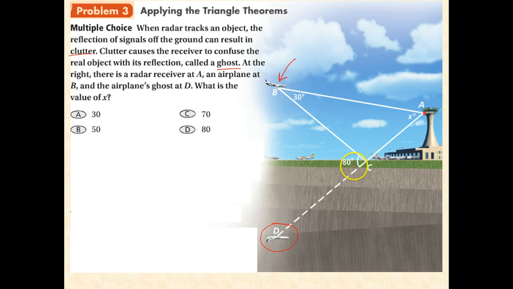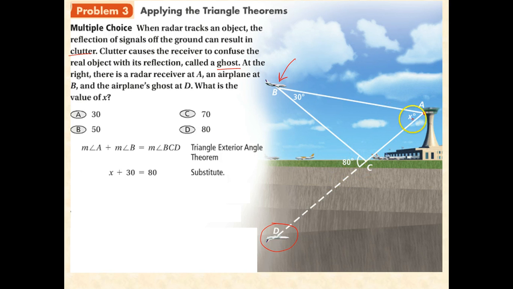Well, it looks like 80 is going to be 30 plus x, because this exterior angle is the sum of the remote interior angles. So the measure of angle A plus the measure of angle B equals the measure of this exterior angle BCD.